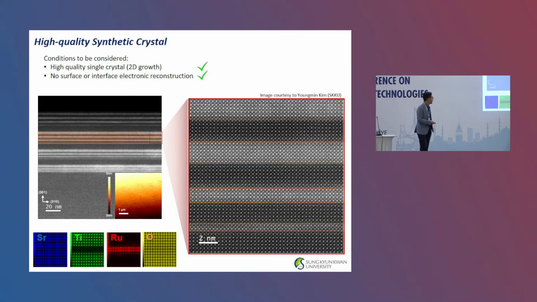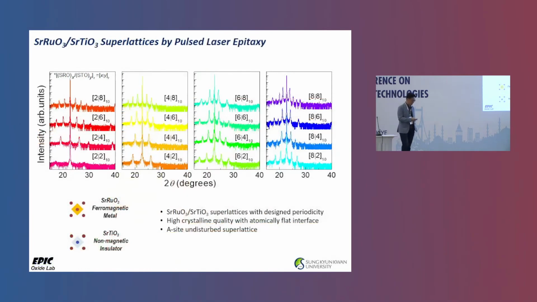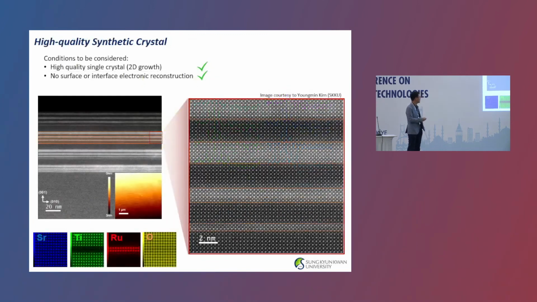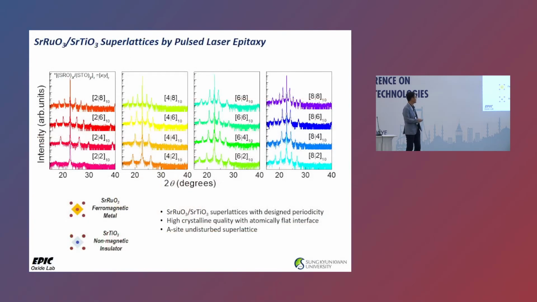But basically, you have very high-quality superlattices grown by pulsed laser epitaxy. This also signifies the superlattice structure. Previously this was not a superlattice; it was a heterostructure that we made to show the high quality, but this is actually a superlattice structure. And you can see these beautiful superlattice peaks appearing all over, as expected.